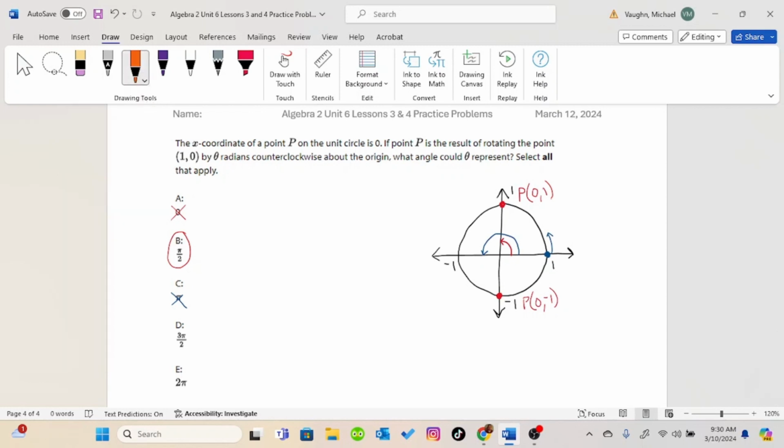Choice D is a rotation of 3/2 pi, so we would go a full pi, and then we would continue another half pi. That puts us down here at the bottom on this red point where P is (0, -1). So D is also correct.